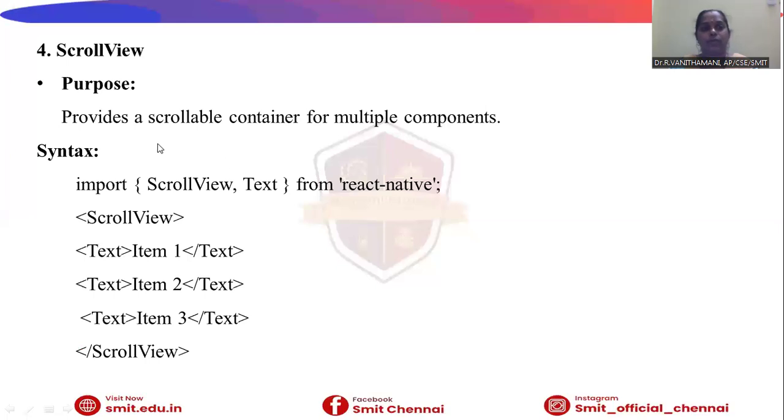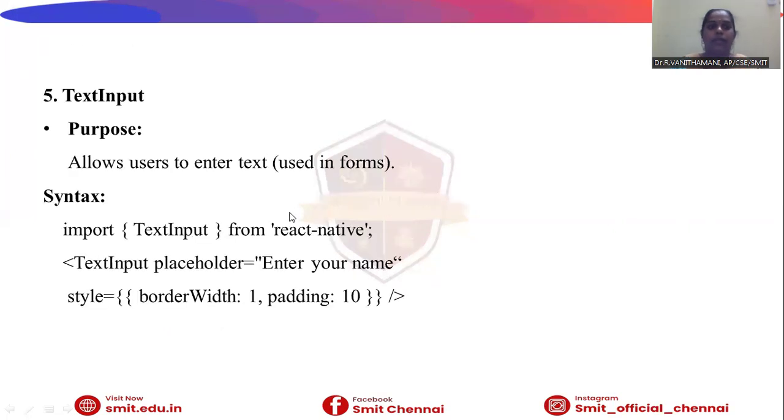Then ScrollView. ScrollView is used to provide a scrollable container for multiple components. In that, you specify more than one component: the first one, second one, third one, like that, and they are listed out. Then TextInput, which is used to get input from the user. It can be used in forms.